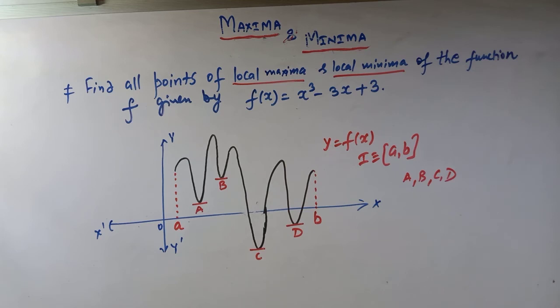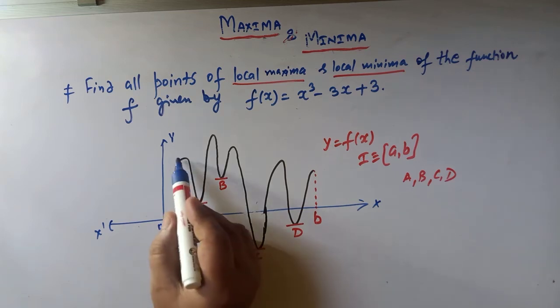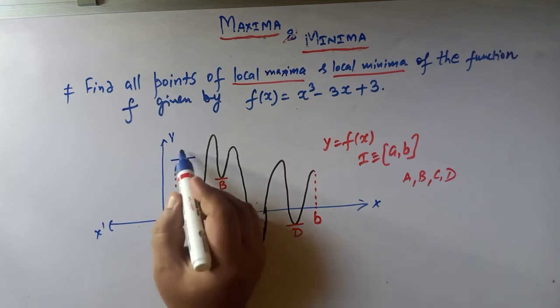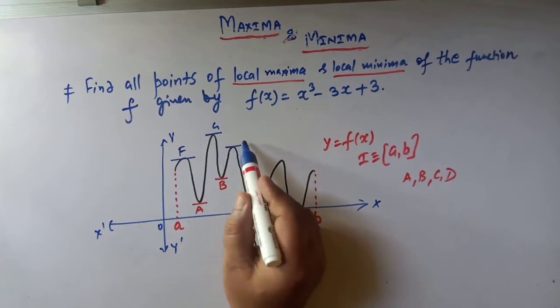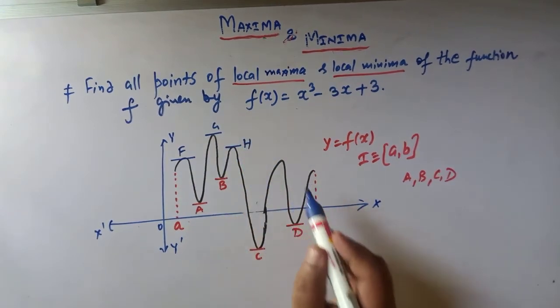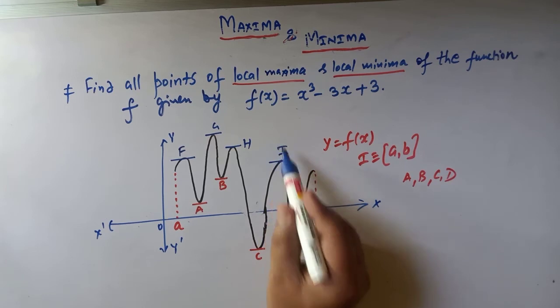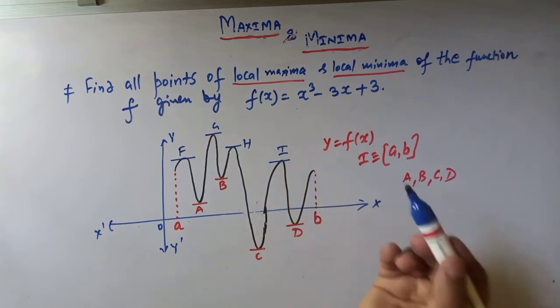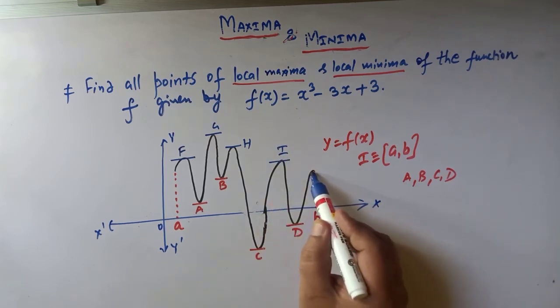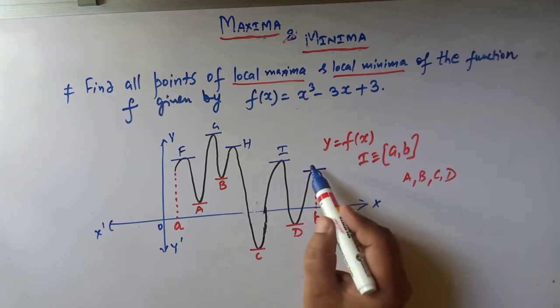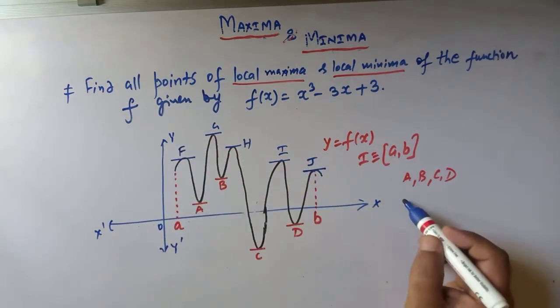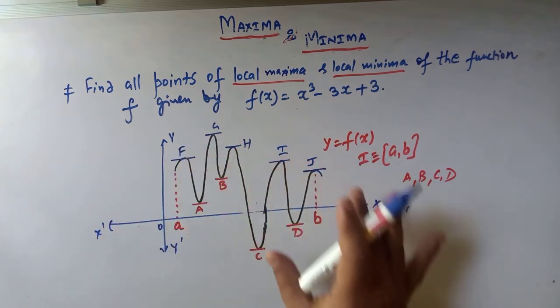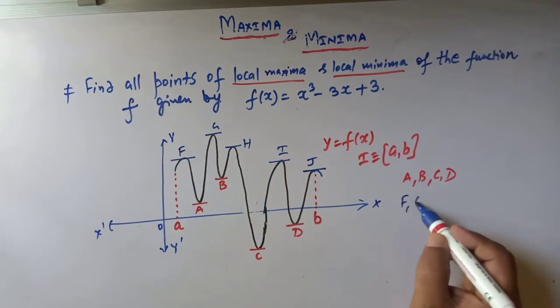And the high points are: we have a high point, say F, here we have G, here we have H, and then we have I, and J. This is a rough sketch.